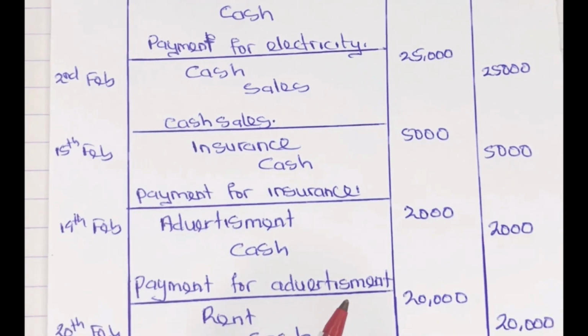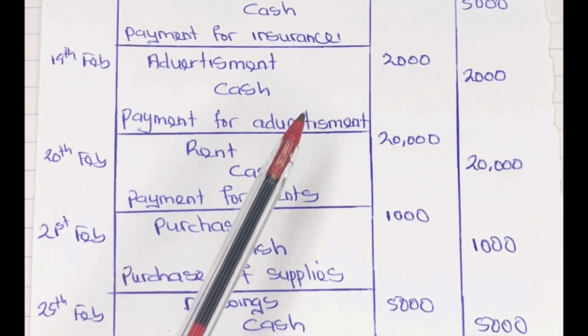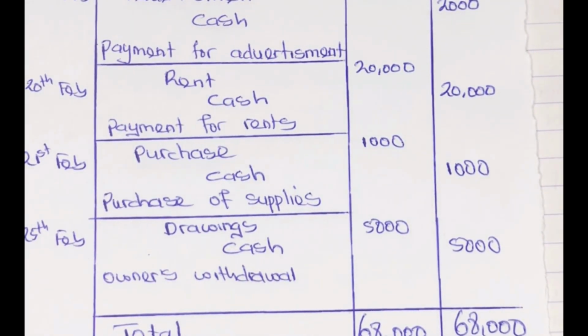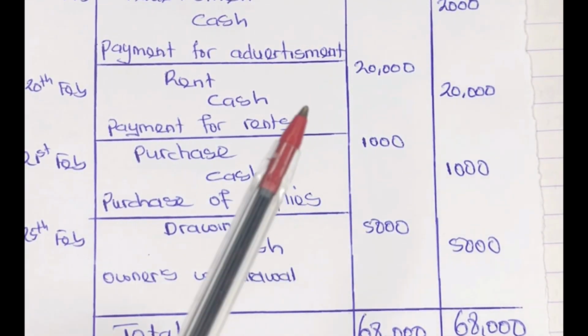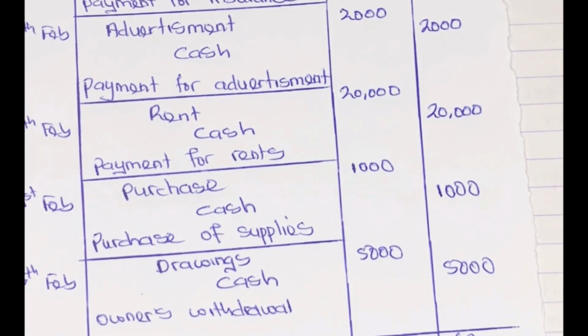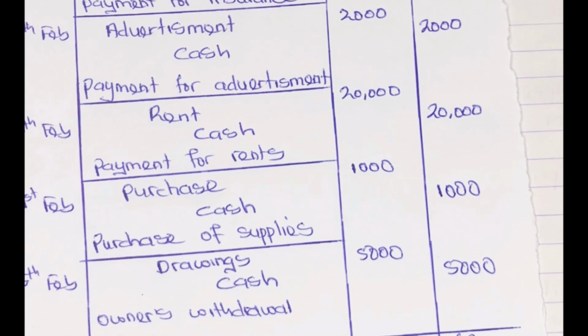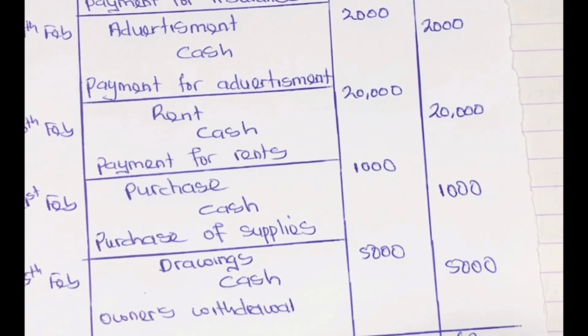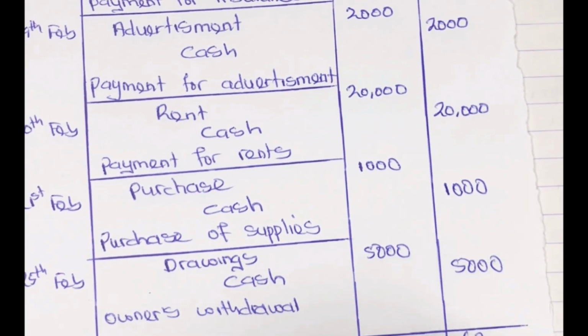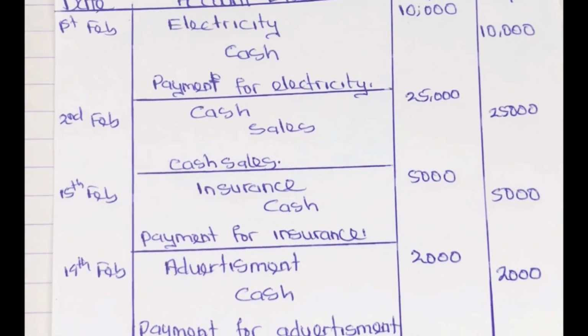So looking at this transaction, you'll see that my total here on the debit side is 68,000 and on the credit side it is 68,000. So the debit is equal to the credit, thus respecting the last technique which says that the accounting equation must be in balance.